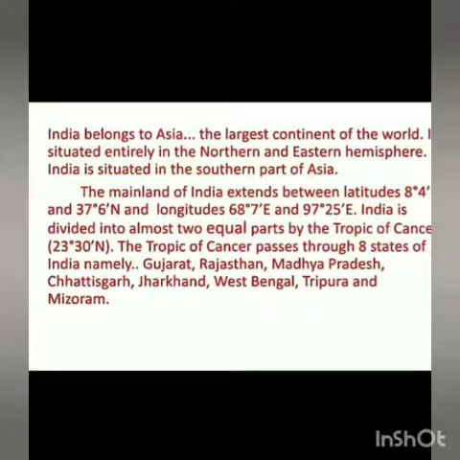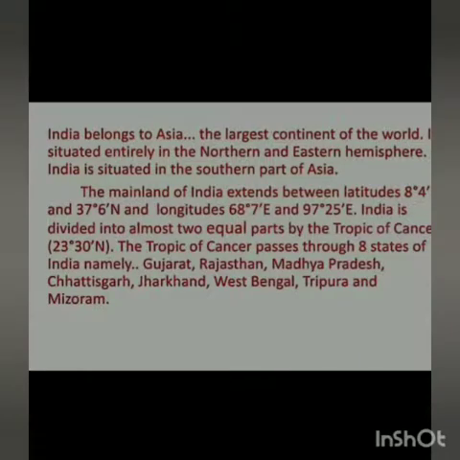The Tropic of Cancer passes through 8 states of India, namely Gujarat, Rajasthan, Madhya Pradesh, Chhattisgarh, Jharkhand, West Bengal, Tripura and Mizoram. We will see it in the next picture.